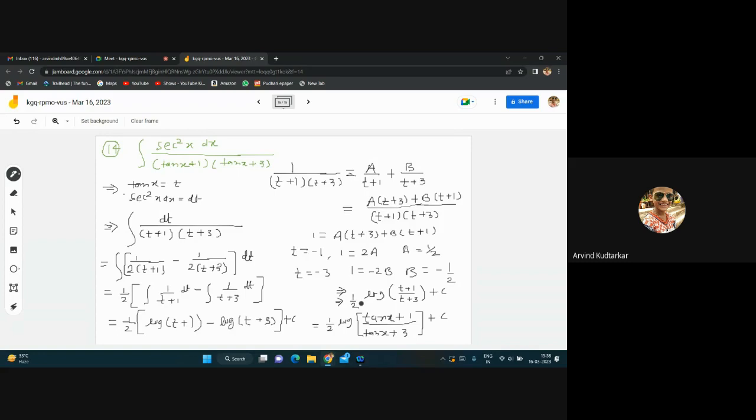तो उसके लिए यहाँ पे एलसीएम क्या होता है, t plus 1 into t plus 3. So there are two ways to find their LCM. Either you take their cross multiplication or by using their LCM. Those LCM there in LHS, same LCM should be there in RHS.